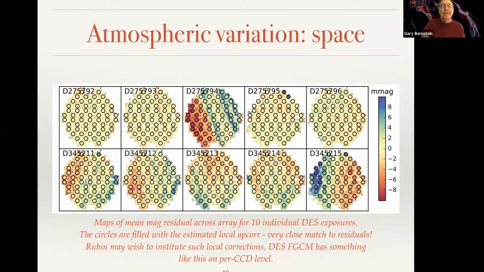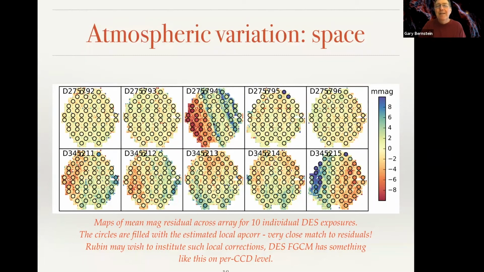This is even true for stochastic things that vary across the focal plane within one exposure. This is a rogues gallery of 10 DES exposures that showed significant clear night photometric residual variations across the array, with the color scale showing the area average map of photometric residuals. Each circle here is actually a dot that's filled with the value of this outer annulus measurement.